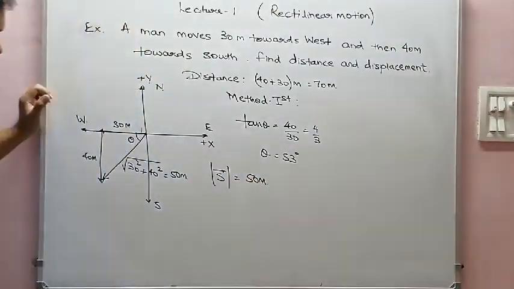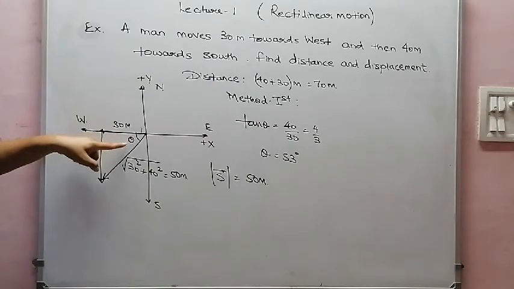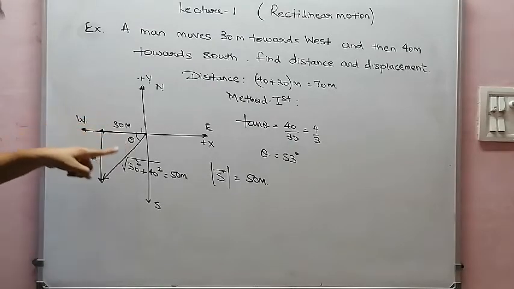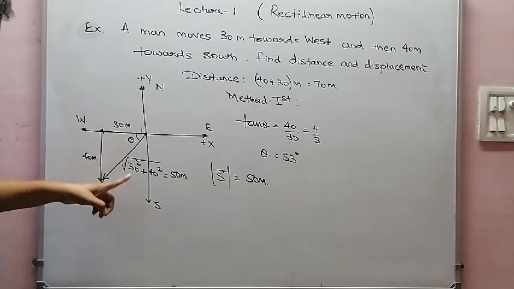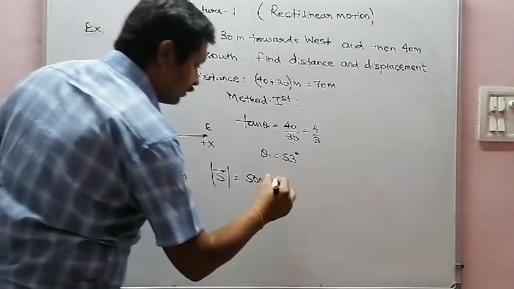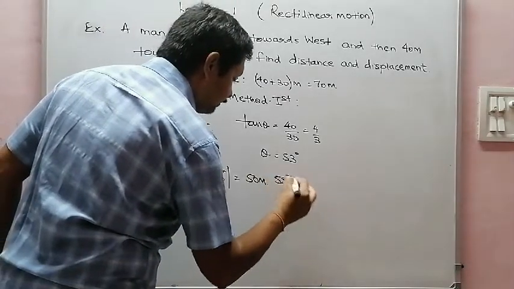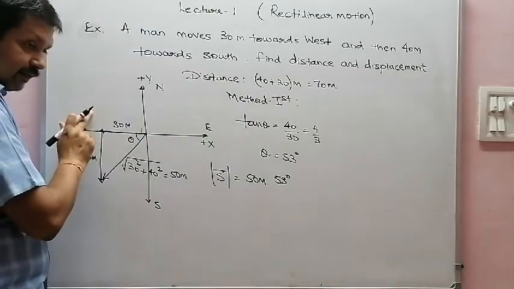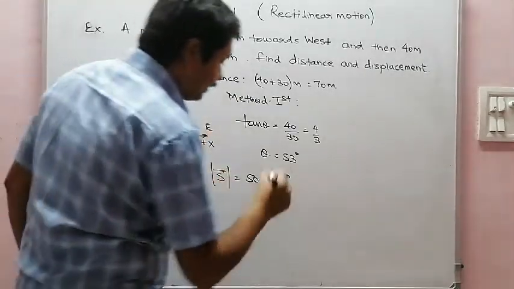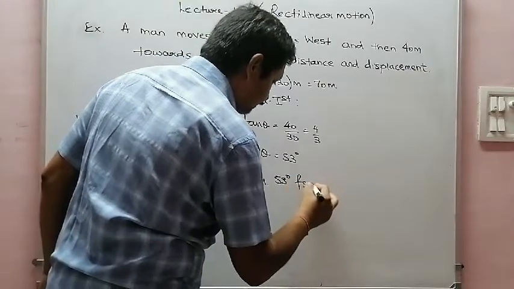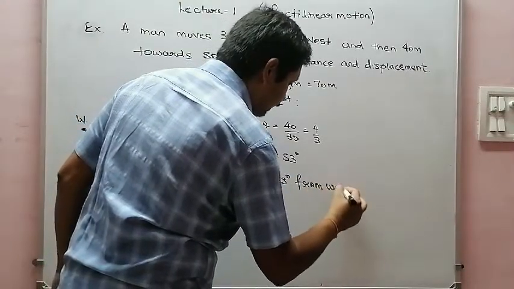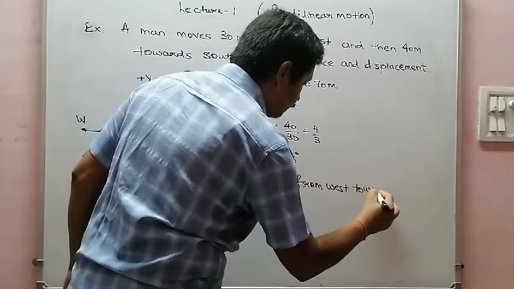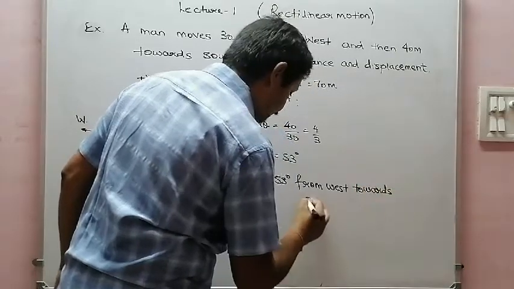Now direction. Theta is from west towards south. So 53 degree from west towards south.